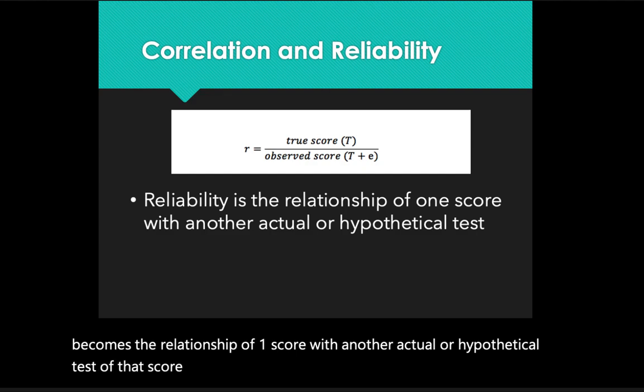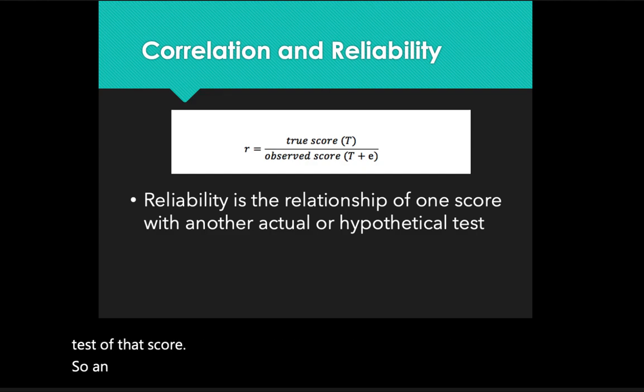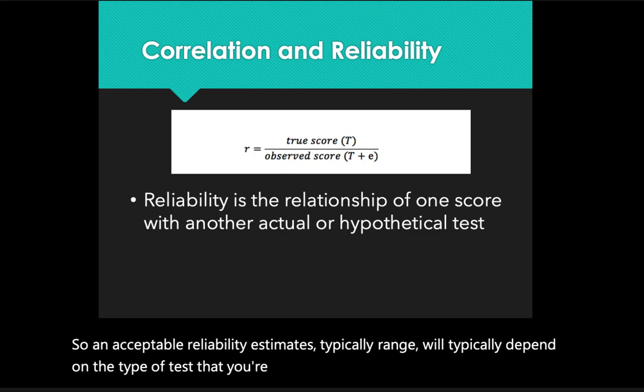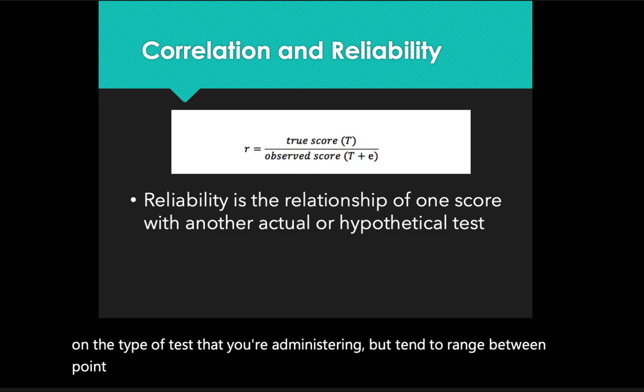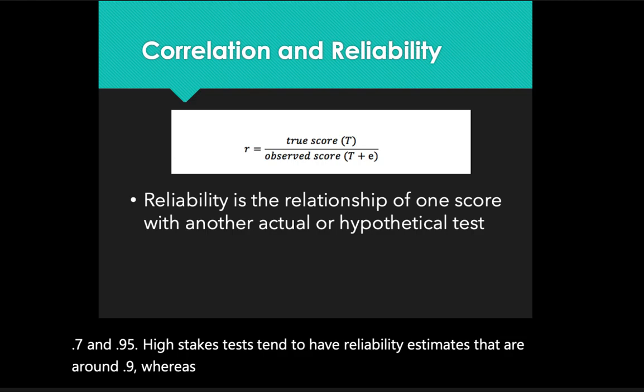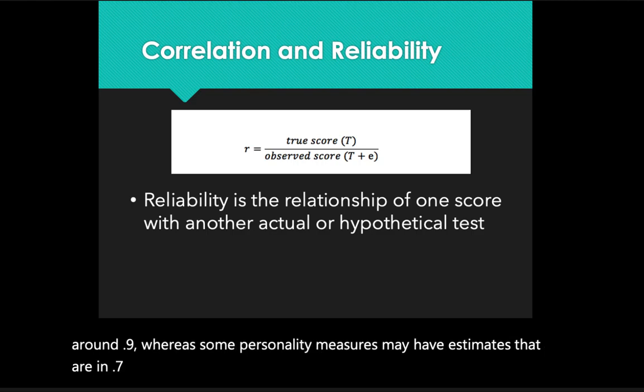Acceptable reliability estimates will typically depend on the type of test that you're administering, but tend to range between 0.7 and 0.95. High stakes tests tend to have reliability estimates that are around 0.9, whereas some personality measures may have estimates that are in the 0.7 or 0.8 range.